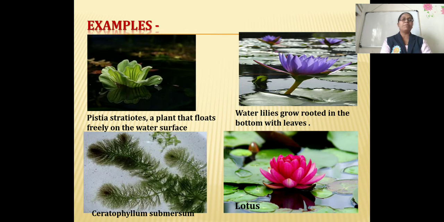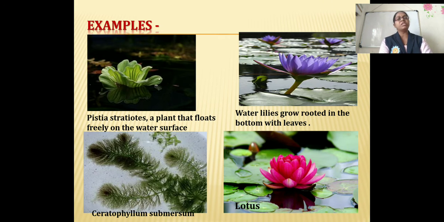Here are given some examples. First one is Pistia stratiotes, a plant that floats freely on the water surface. You can observe it in the picture in the slides. Water lilies grow rooted in the bottom with floating leaves. Then Ceratophyllum submersum is also an aquatic plant. Next one is the lotus.